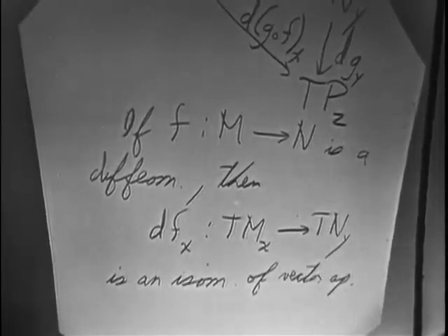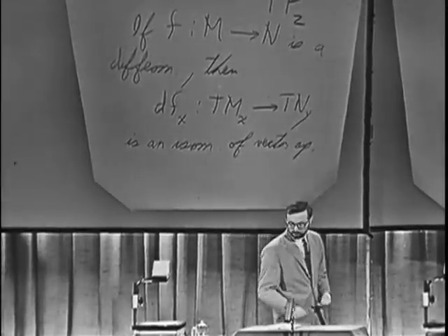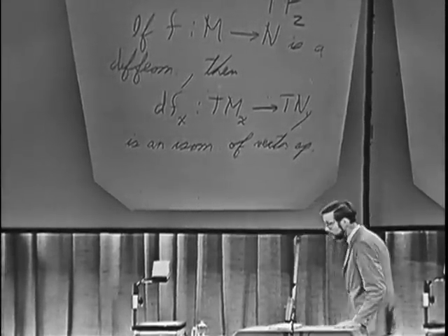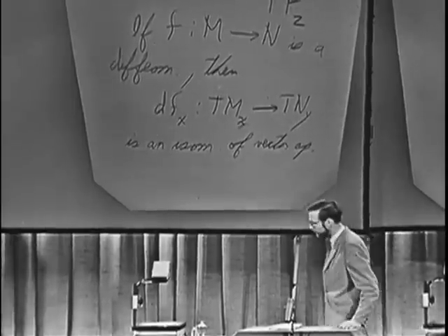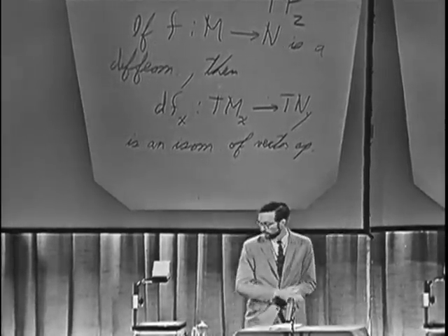In particular, the two vector spaces must have the same dimension. These are all completely trivial properties. They're nothing much to prove, but we see in that way how easy it is to prove that if two manifolds are diffeomorphic, then they have the same dimension.